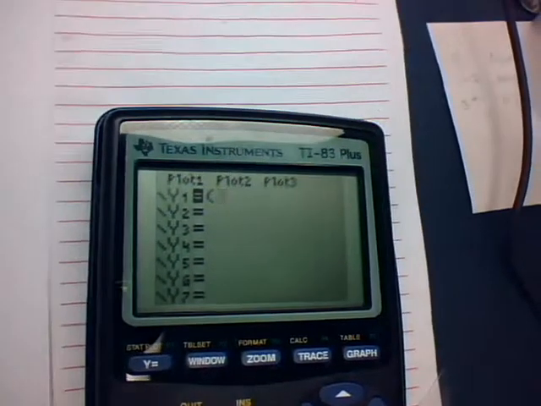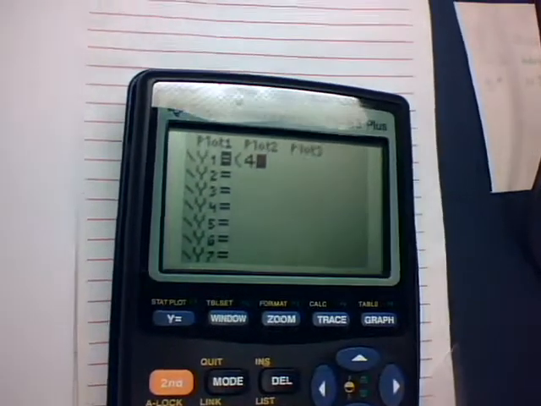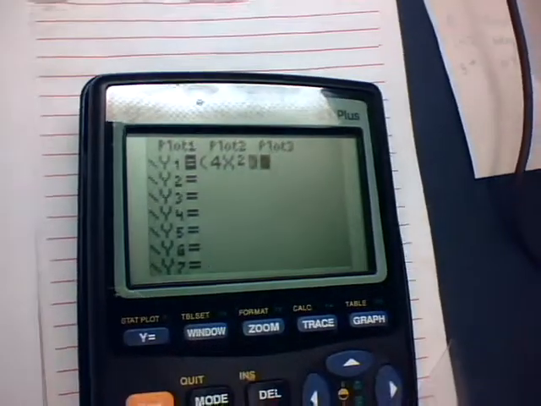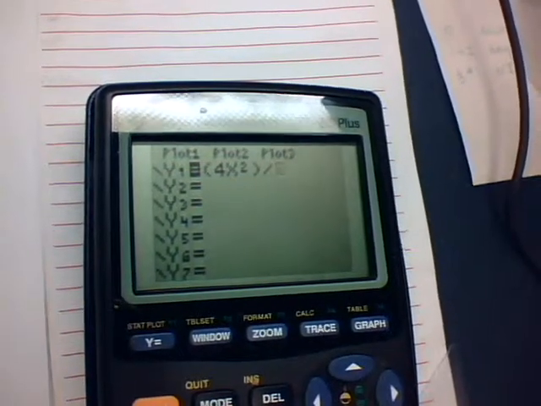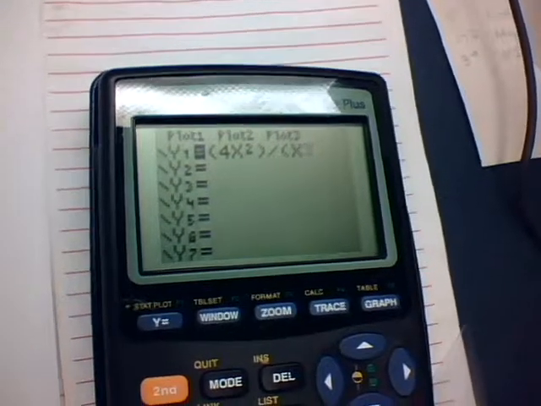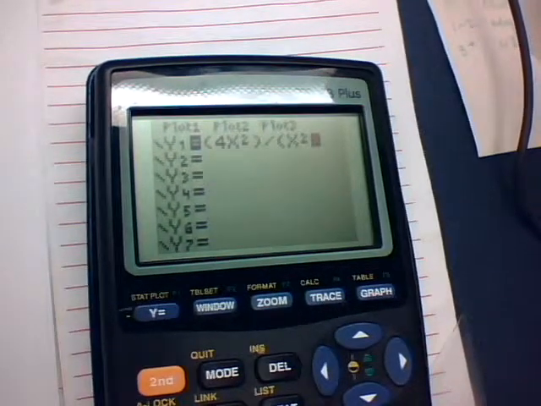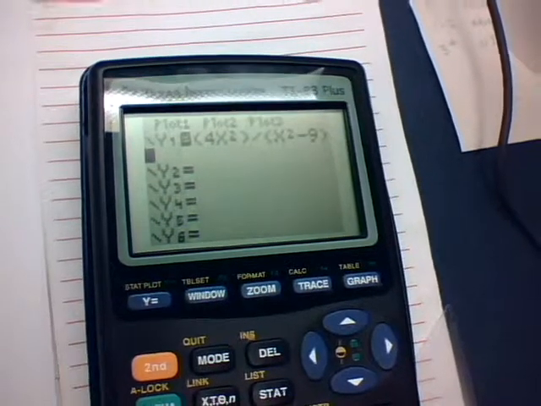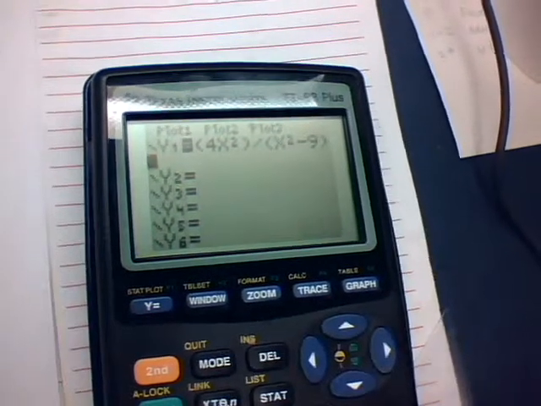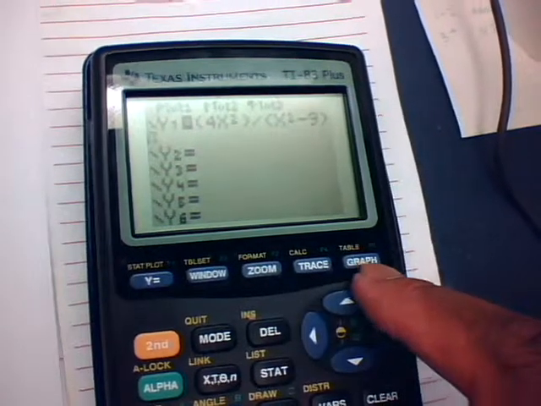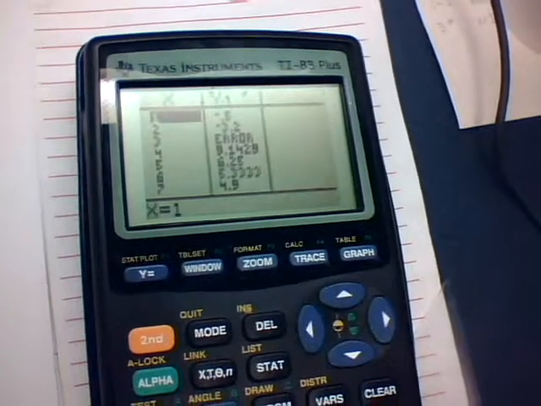I'm going to use left parentheses, and then 4, then the x-t-theta key for your x, and then the x squared button for the exponent of 2, and then close the parentheses, divided by, then left parentheses, x squared, pressing the x-t-theta key for your x, and then the x squared button for the exponent of 2, minus 9, close parentheses. And then go ahead and press second and graph, because we want the table.